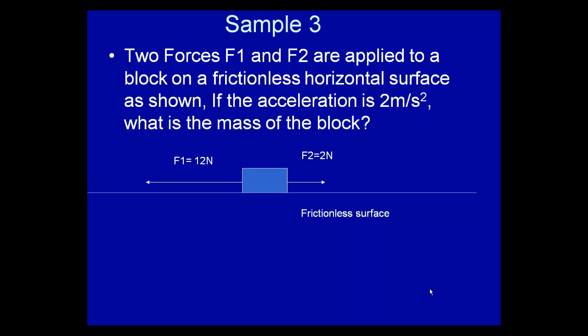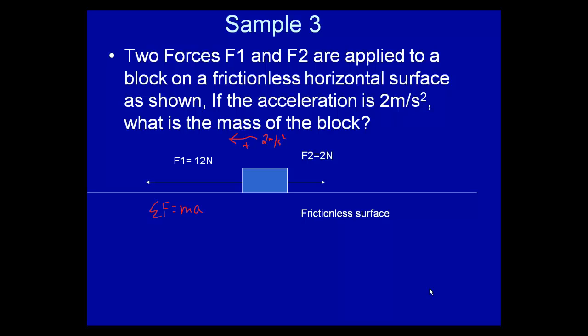Now, two forces F1 and F2 are applied to a block on a frictionless horizontal surface as shown. If the acceleration is 2 meters per second squared, what is the mass of the block? I'm going to say to the left is positive simply because it's going to accelerate in the direction of the unbalanced force. I don't solve anything really to choose that, but I know 12 is bigger than 2, so it's going to accelerate to the left.